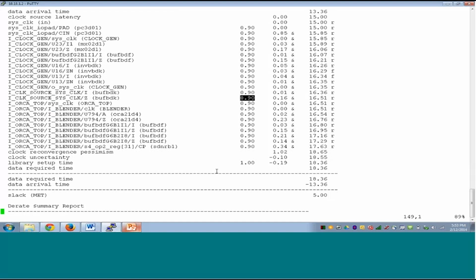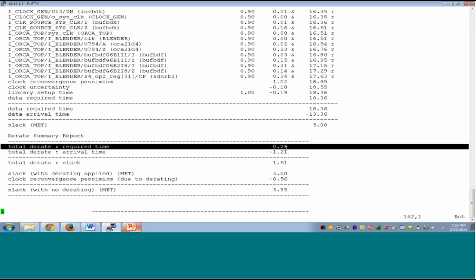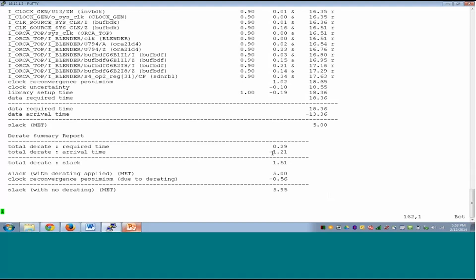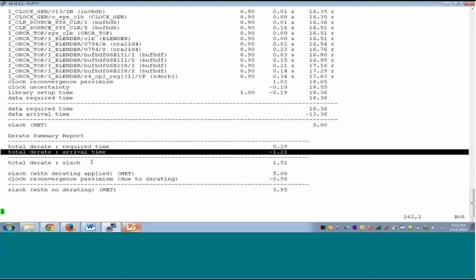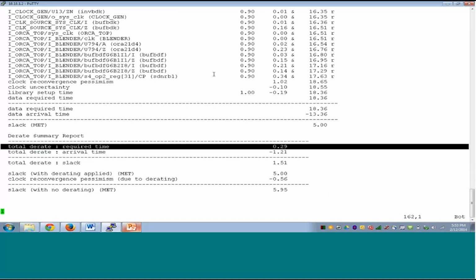And at the end, it also gives me a derate report summary. Total derate required time is 0.29. Arrival time is minus 1.21. Total derate slack is 1.51. It's telling us that the total derate applied in the required time is 0.29 by multiplying it by 0.9.